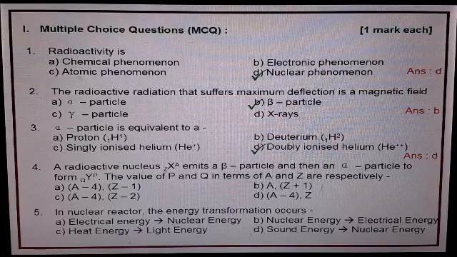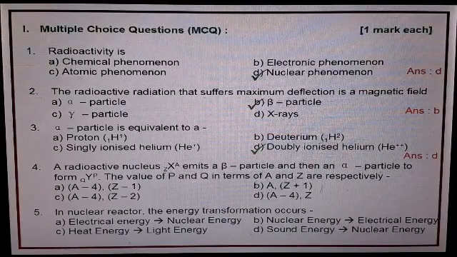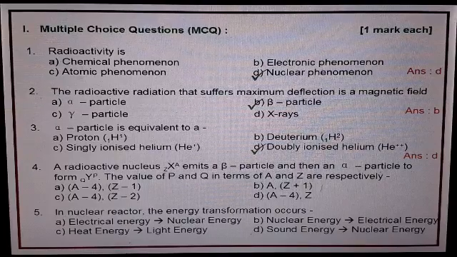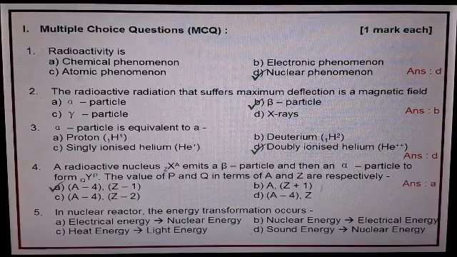Then alpha particle is emitted. So your A will become A minus 4 because it will be reduced by 4 units and the atomic number will be reduced by 2 units. So it was Z plus 1 minus 2, that is Z minus 1. So your answer would be A, that is A minus 4, Z minus 1.